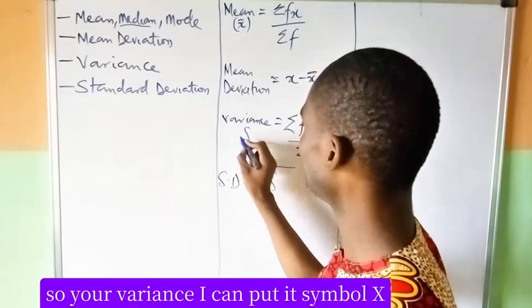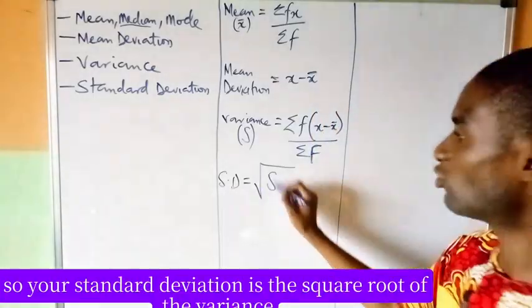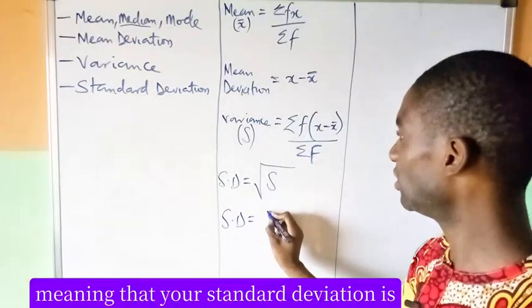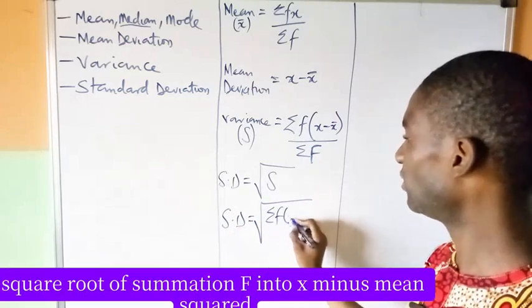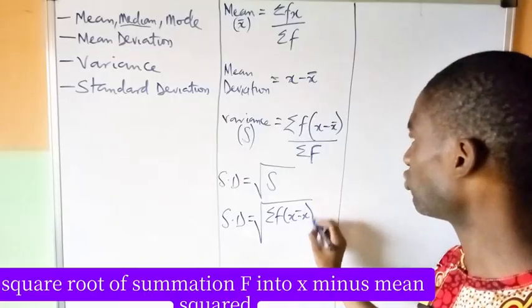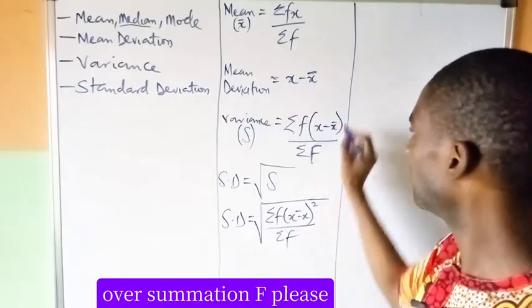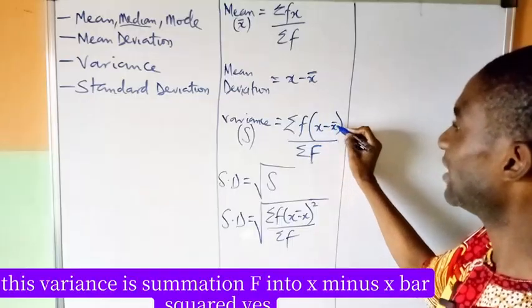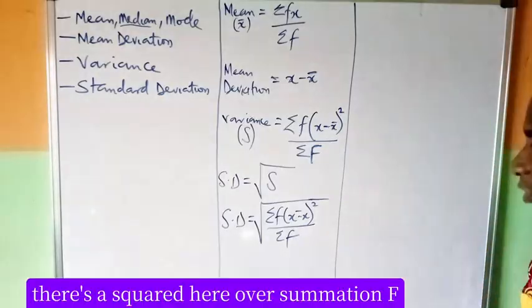So your standard deviation is the square root of the variance, meaning the square root of summation f into x minus mean squared over summation f. Variance is summation f into x minus x bar squared, yes, there's a square here, over summation f.